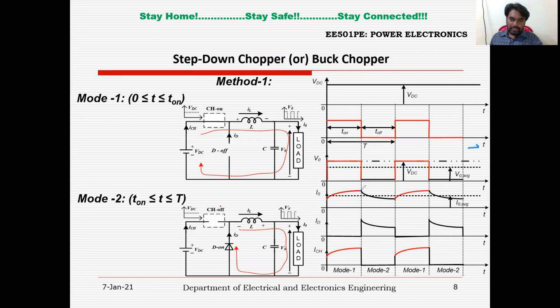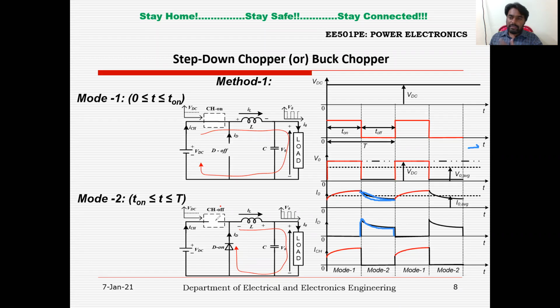So the inductor current is also the output current. It is a discharging current, right? And the discharging current is flowing through the diode as well because they are connected in series now. So the diode current suddenly goes to maximum value and then it will carry the discharging current of the inductor.